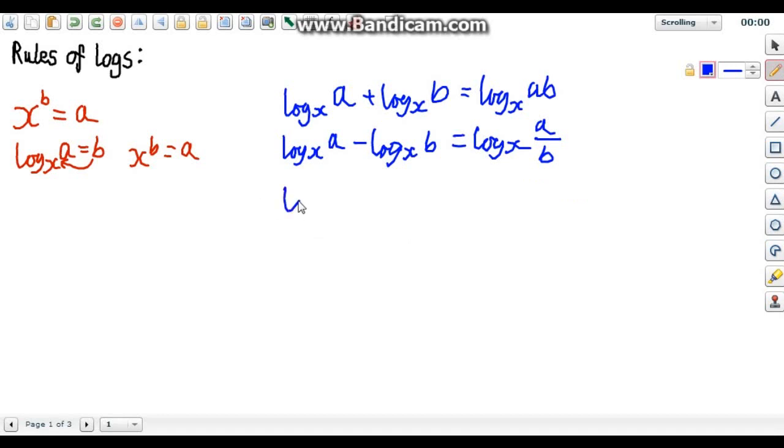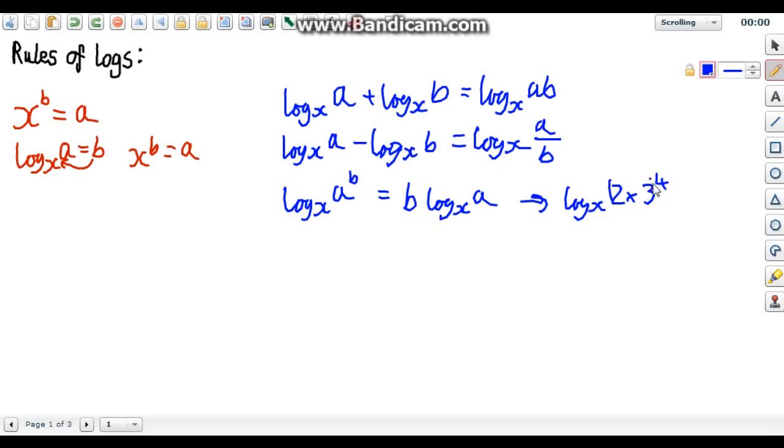The third rule is if you have log of a number to a power, that can be written as the power times by the log of that number. This is a very handy one, but you have to note that if you had something like, let's say, log x of 2 times 3 to the 4, you could not use the trick here because the whole thing isn't to the power 4.